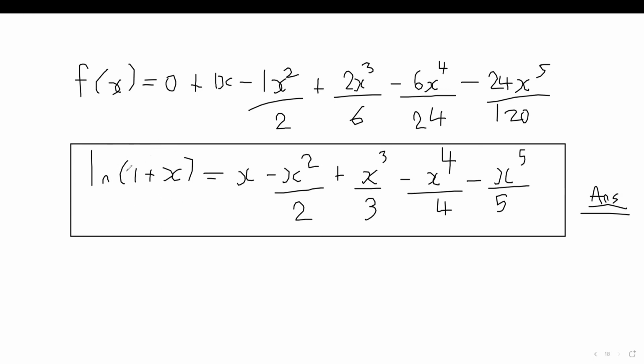Since we cannot find the log of a negative number, it is valid when x is greater than or equal to 0. If x is 0, we can find ln(1 plus x). So it has to be greater than or equal to 0 to be valid.